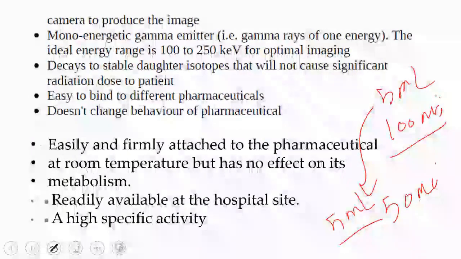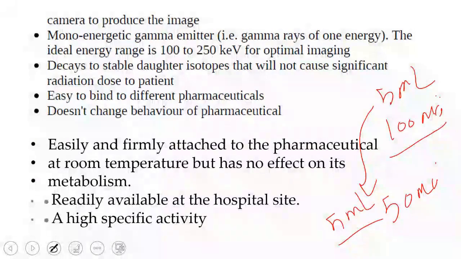So, for me, as someone who wants to use the radioactive material, the specific activity has to be high while I am working. When you increase the volume, it's not good for the process that will take place between the isotope and the pharmaceutical or chemical compound.